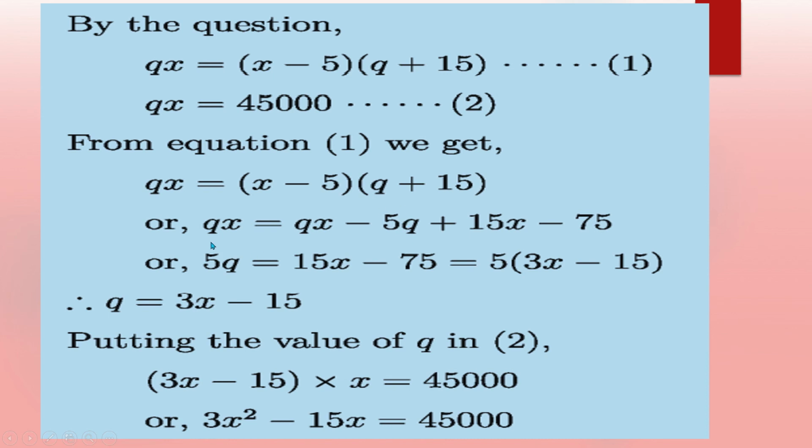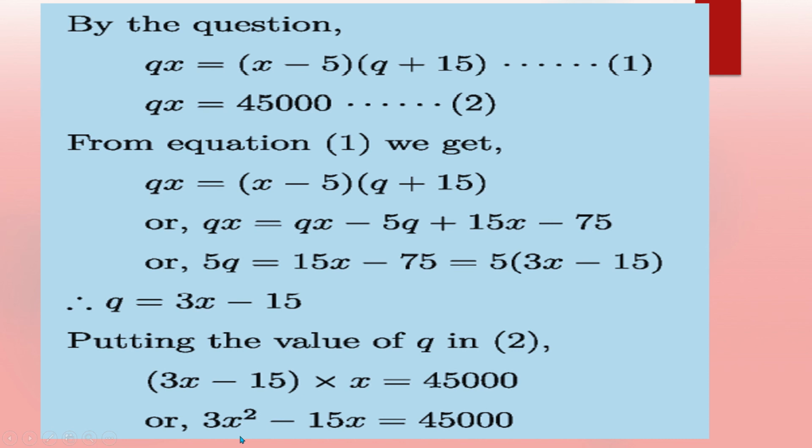Okay, this convert into left side. Now here common 5, as a result here will be 3x minus 15. Therefore q is equal to, dividing both sides by 5, we get 3x minus 15. Now putting the value of q into qx, here q means 3x minus 15, into x.